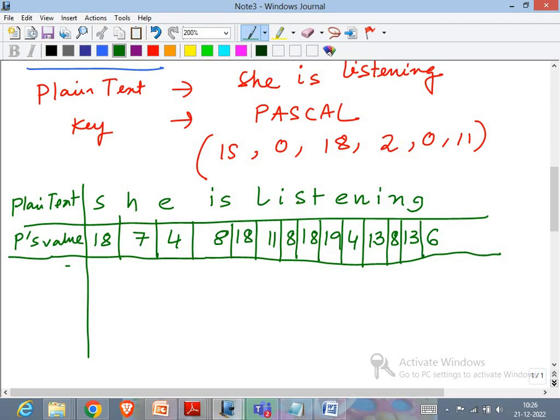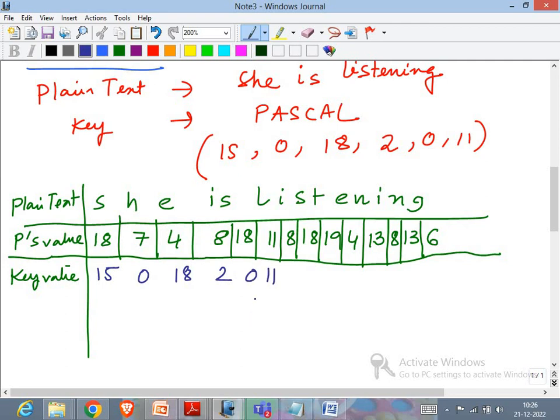Right? Now what we have to do is write the key in terms of the numeric equivalent, which we have already mentioned. And remember the process that we are going to repeat the key if required. So here, key value I'll write. So 15, 0, 18, 2, 0, 11.